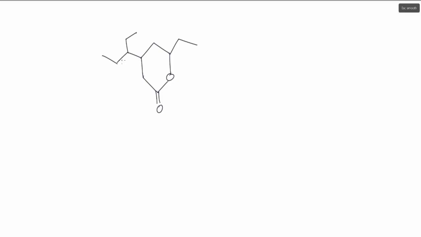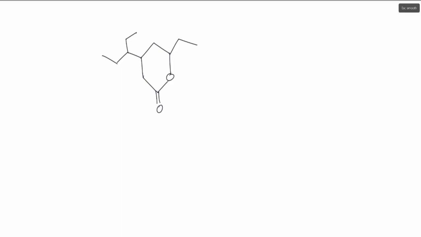Now, first let's examine, is this a lactone? Is my carbonyl carbon singly bonded to an oxygen, and is that oxygen bonded to an intramolecular carbon? Why, yes it is.